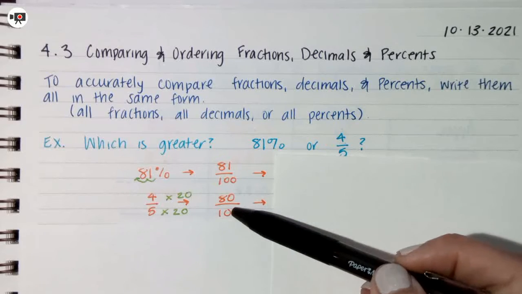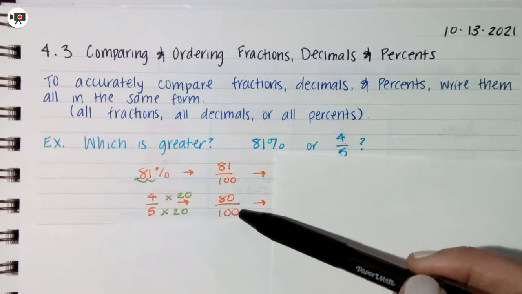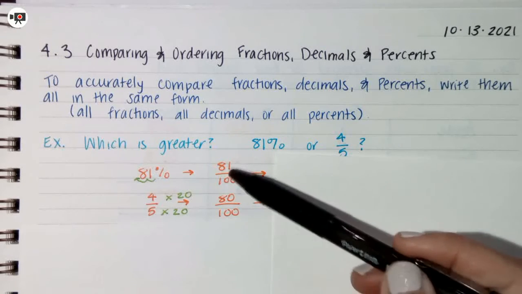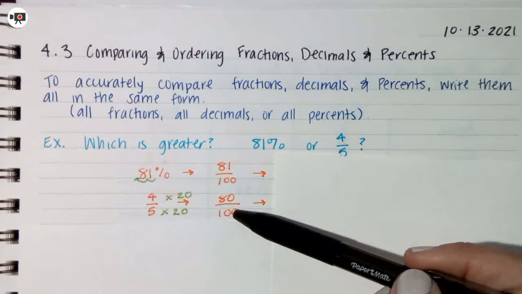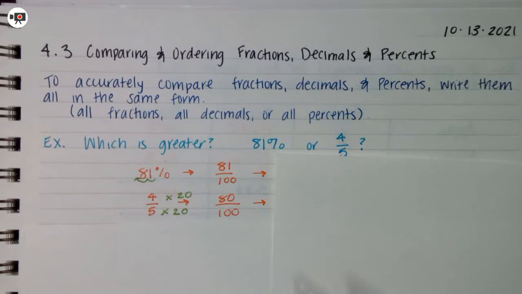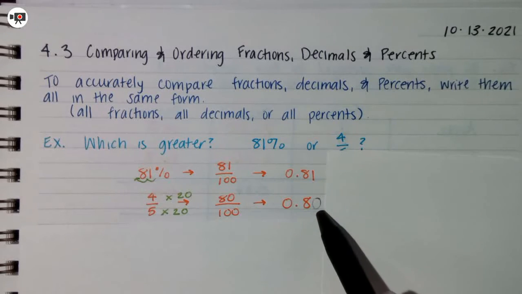Now I have 80 over 100. Both of my fractions have the same denominator. I could stop here. I can accurately compare which one is larger. But let's see. If I take 80 over 100 and I write that as a decimal, I'll get 0.80.